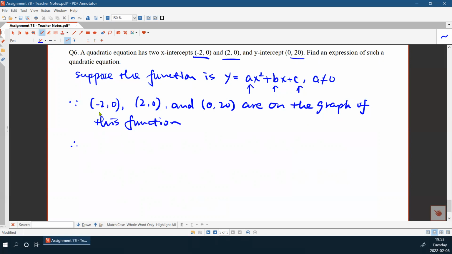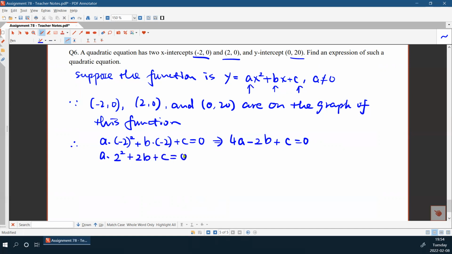So first of all, when x is -2, that means a times -2 squared plus b times -2 plus c equals 0, which means 4a minus 2b plus c is 0, right? And then when x is 2, y is 0, that means a times 2 squared plus 2b plus c is also 0.